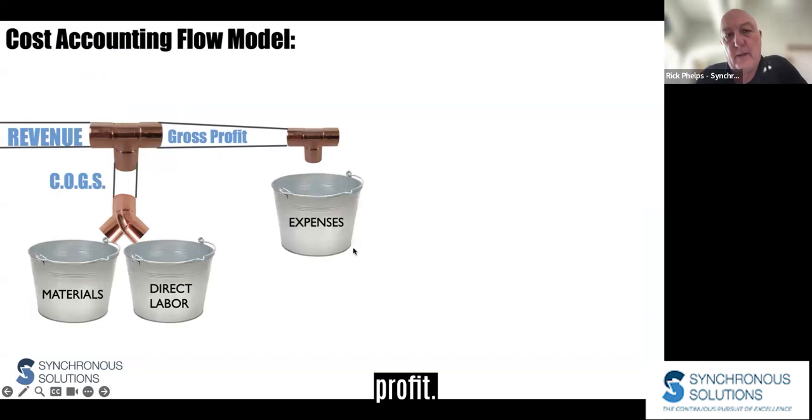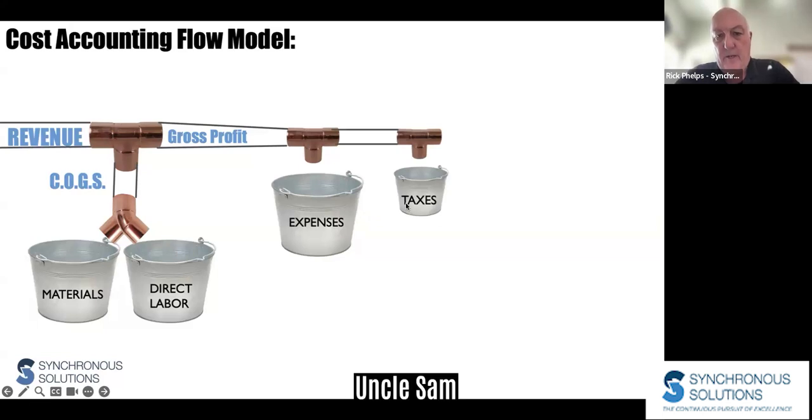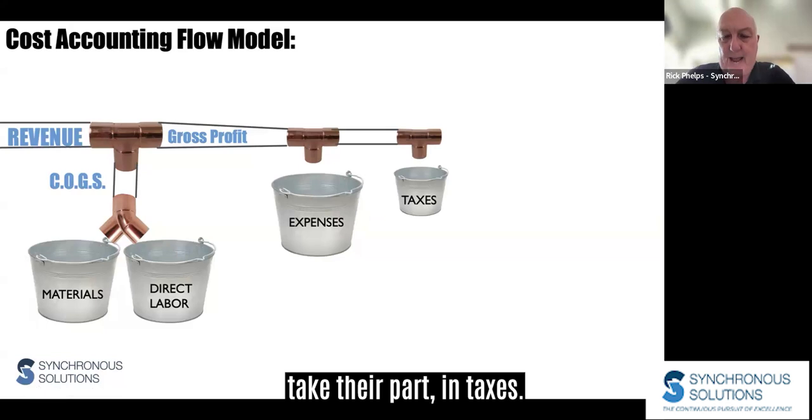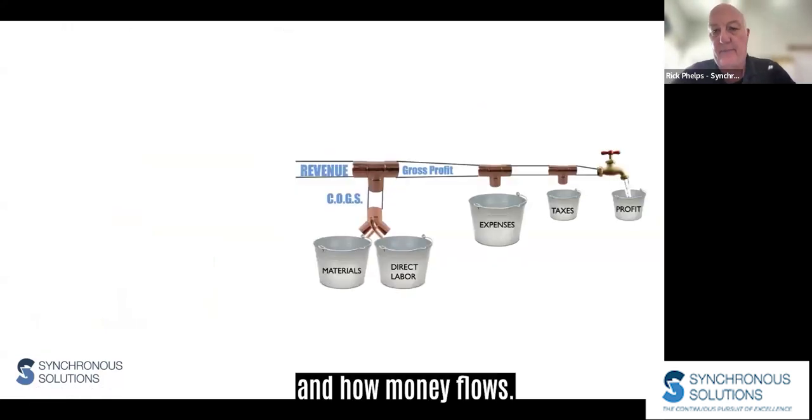From gross profit, we pay the expenses, and there are usually fixed expenses and variable expenses. Uncle Sam and the states and the local governments take their part in taxes. And at the end of the long run, in a little tiny spigot, there's your profit, right? This is how most folks with any kind of business background view their business and how money flows.